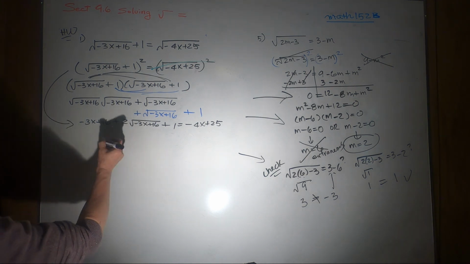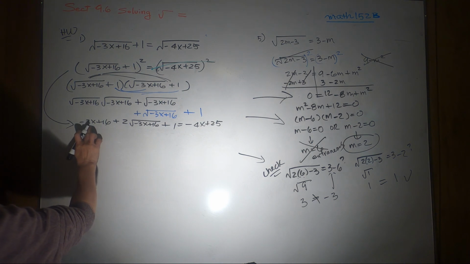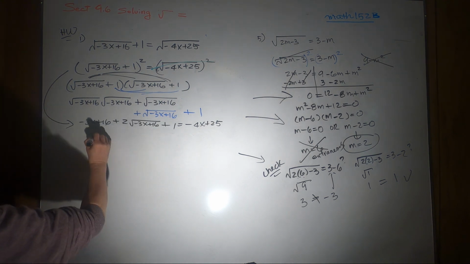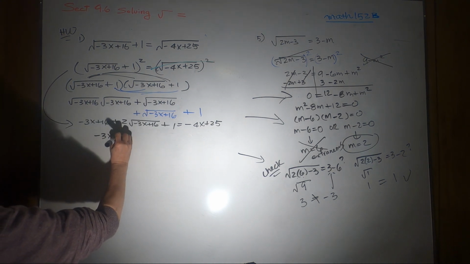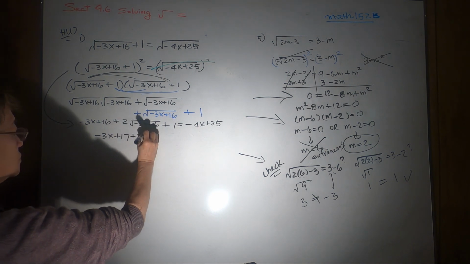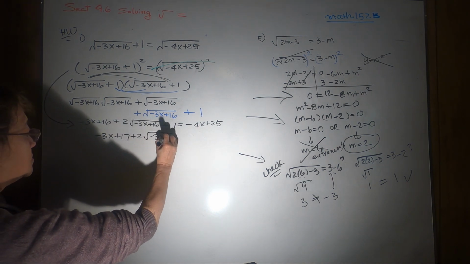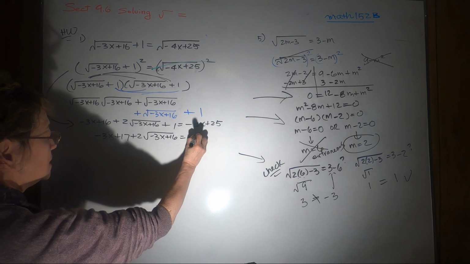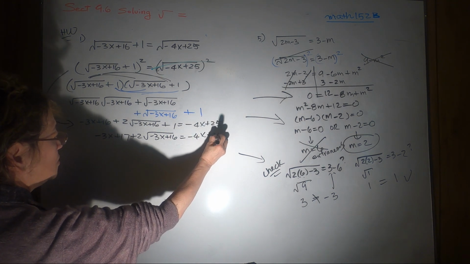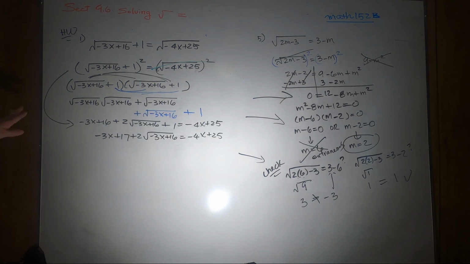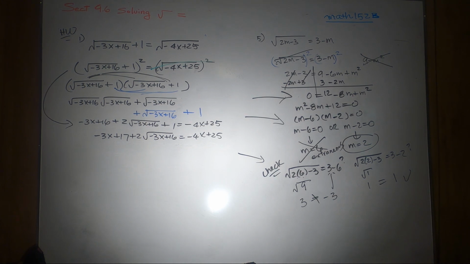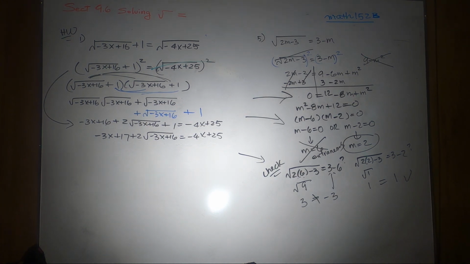So what do we have here? We have negative 3x, 16, and 1. So you have negative 3x plus 17 plus 2 radical negative 3x plus 16, right? One of those problems will take you a while to do. Okay? Right?